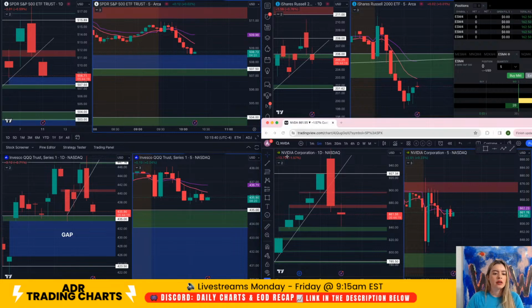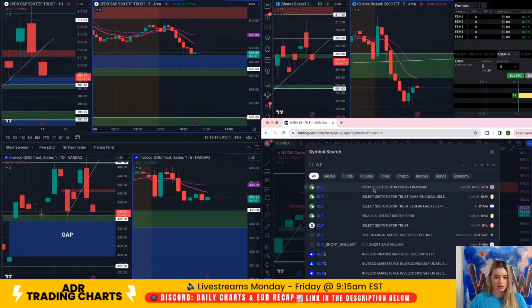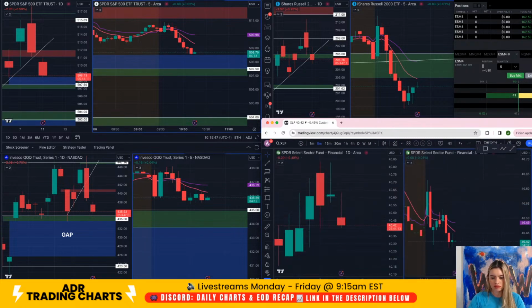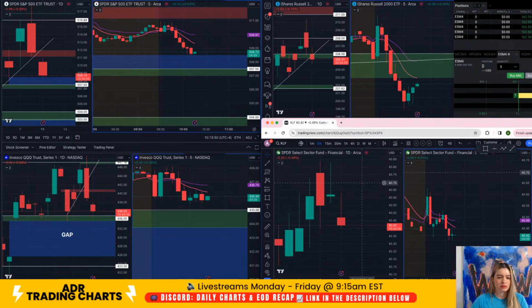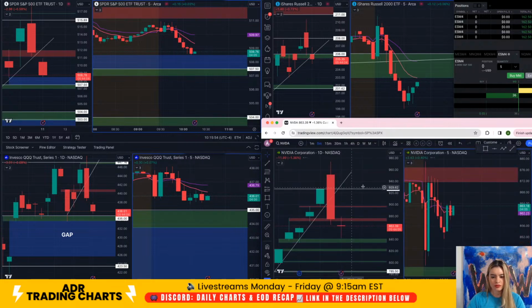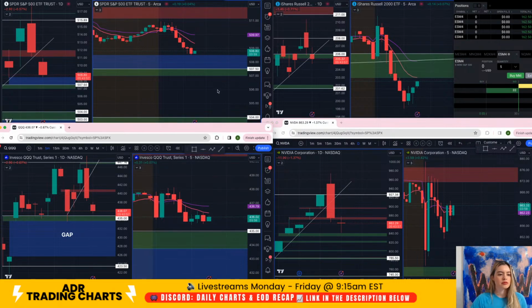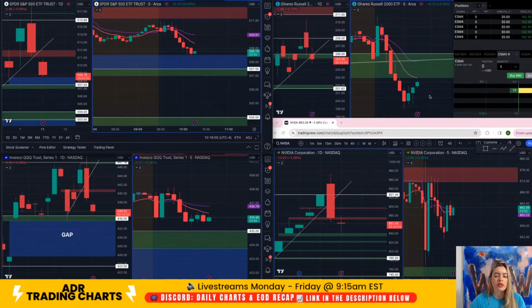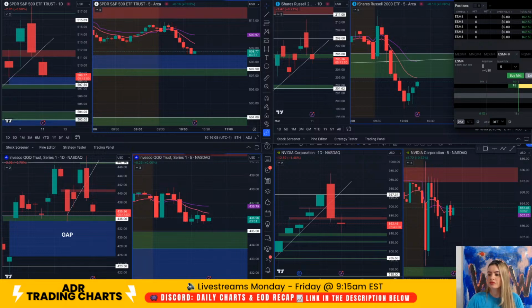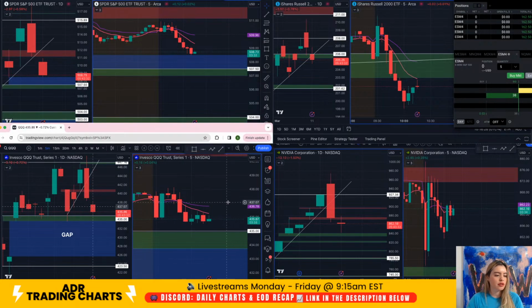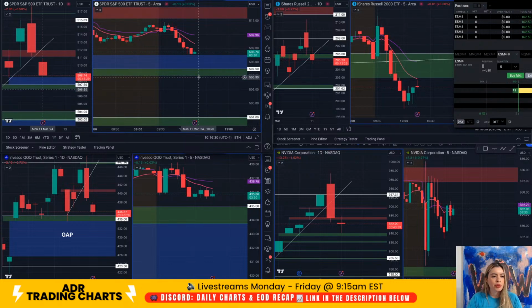XLF, why? Let's see. Financial sector. Yeah, we need the Q to lose this support already, in SPY 507.